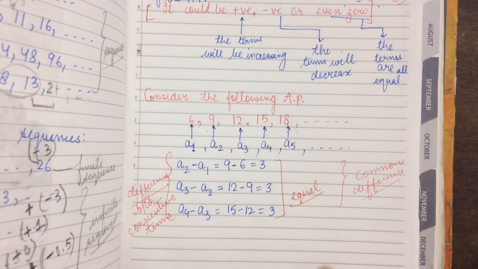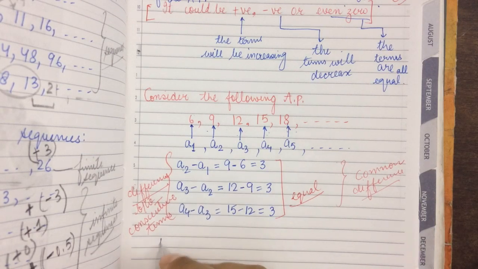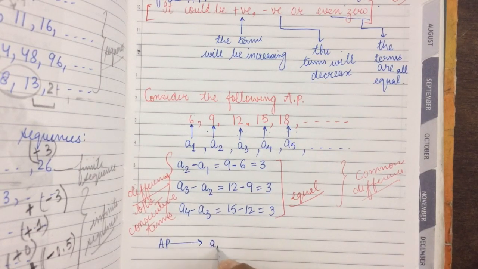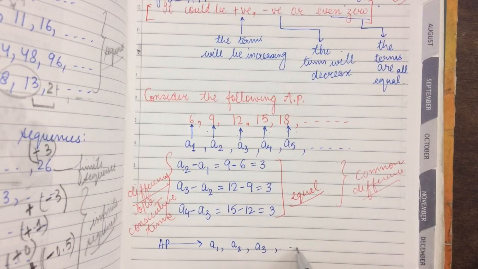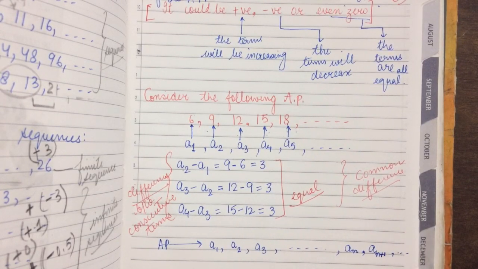So observing this pattern, what we can say is, if the AP has been written in general form, the first term is A1, the second term is A2, the third is A3, and so on. There is An, then the next place, and so on.